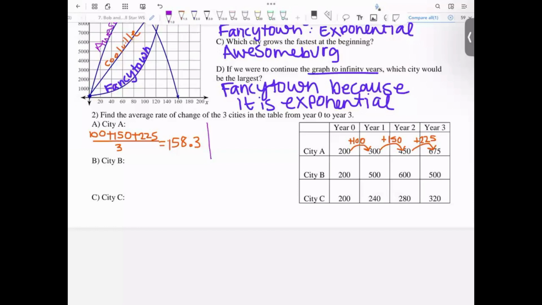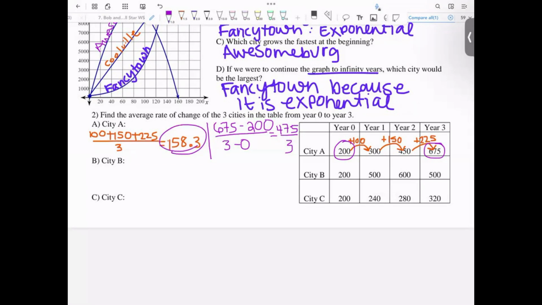You can also just use your slope formula because average rate of change is the same as slope. So for that, we would do y minus y over x minus x, so 3 minus 0. And in that case, you get 675 minus 200, which is 475. And 475 over 3 gives us the same answer.